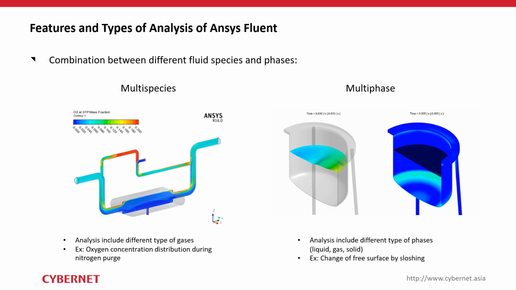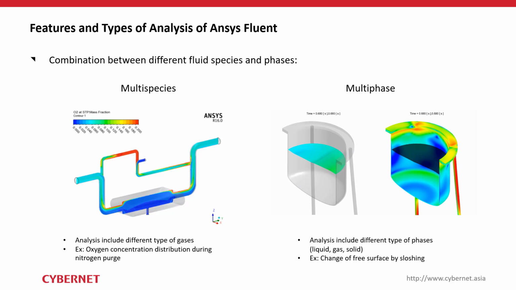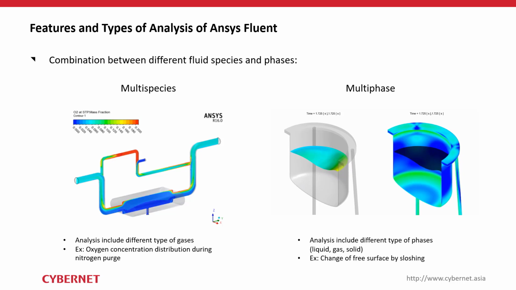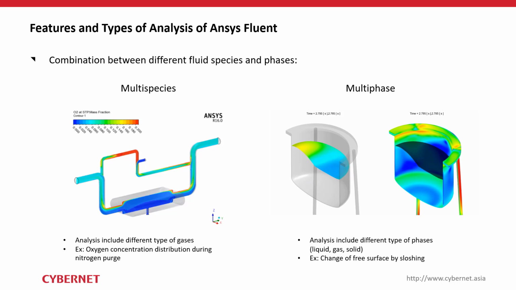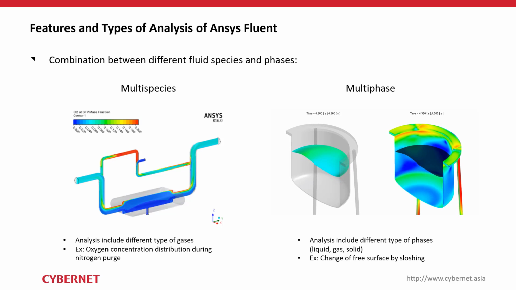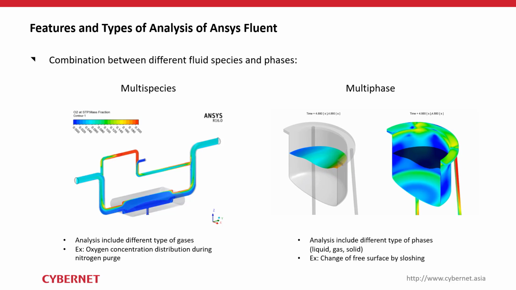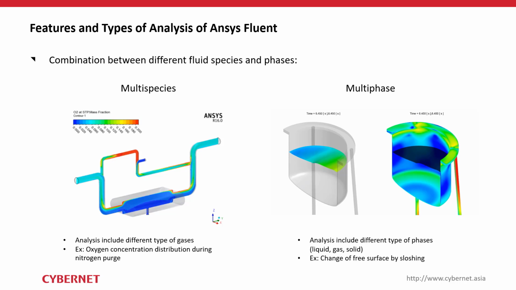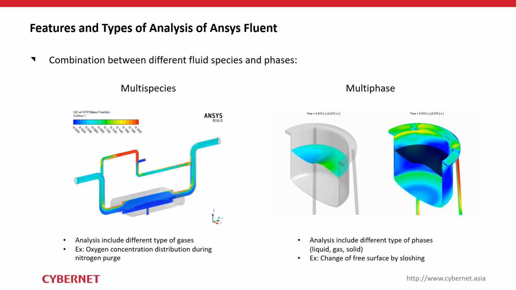You can also do multi-phase flow, which again is an analysis that includes different phases of fluid, either liquid plus gas or liquid plus solid. For example, maybe we are thinking about an application like a nanoparticle inside a cooling fluid. That is one of the types of multi-phase flow analysis that you can do with Ansys Fluent.